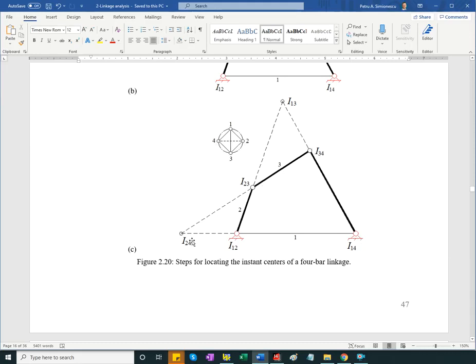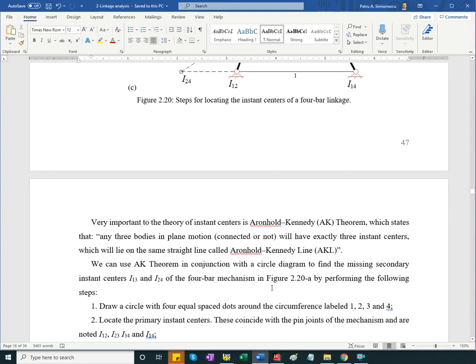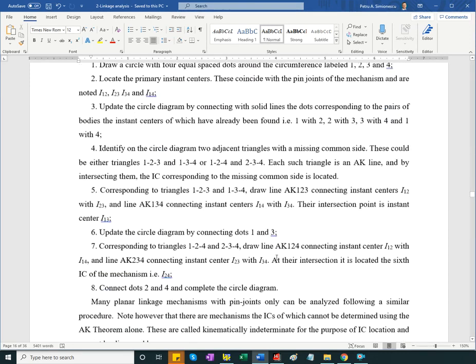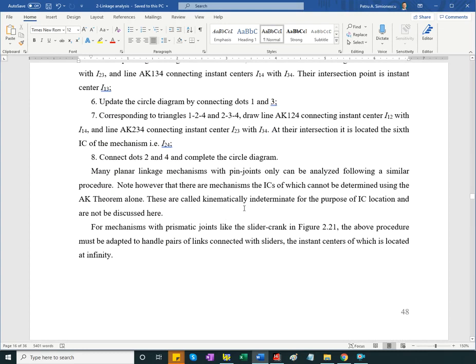Where the two lines intersect, there's the instance center 2, 4, because it has to be on both lines, so it can be only at the intersection of the two. Okay, and this explains all the steps that we took.